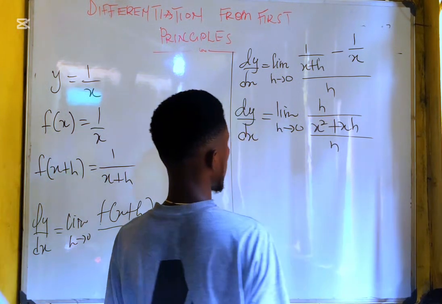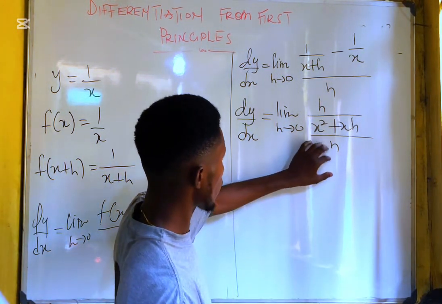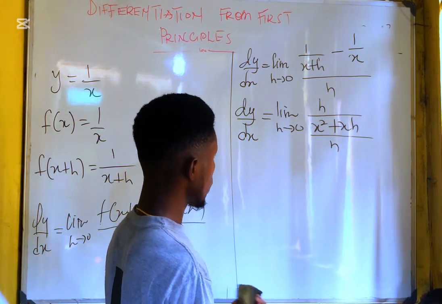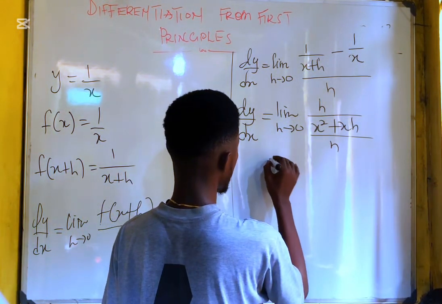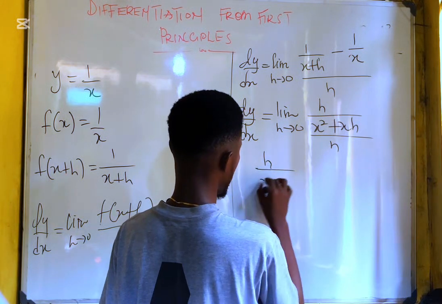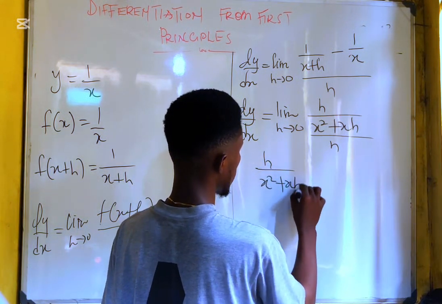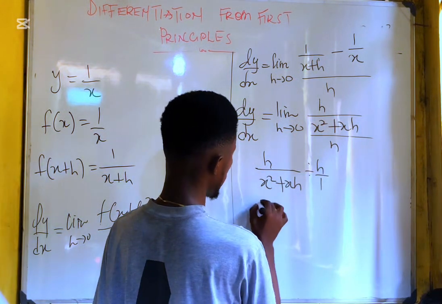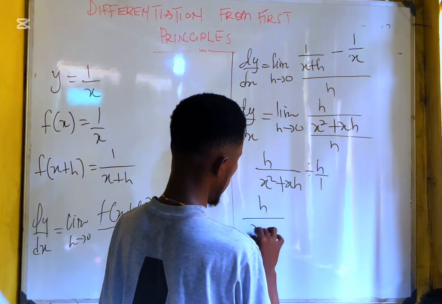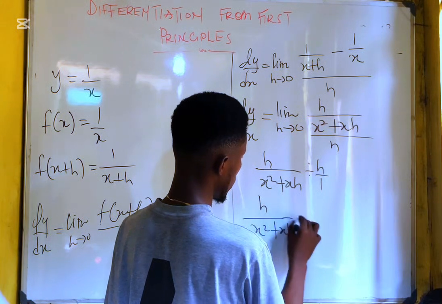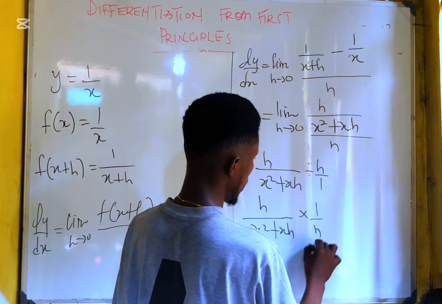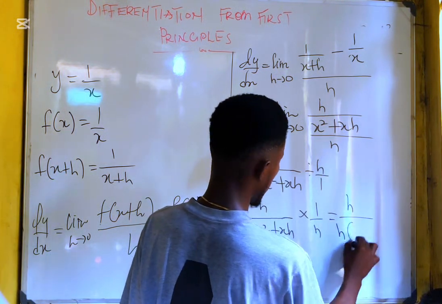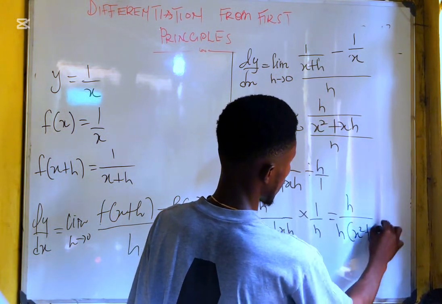But do you know that I can bring the h to this one? If I have h over x squared plus xh divided by h, you know this h is over 1. So when I do that, I have h over x squared plus xh times 1 over h. So 1 times this will be h, and this times that will be h bracket open x squared plus xh.